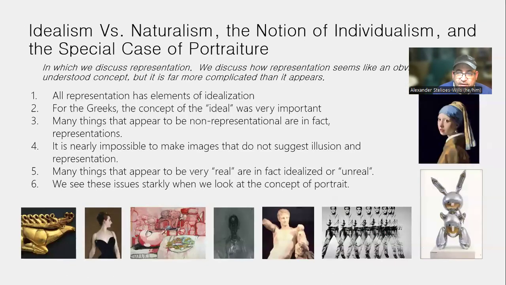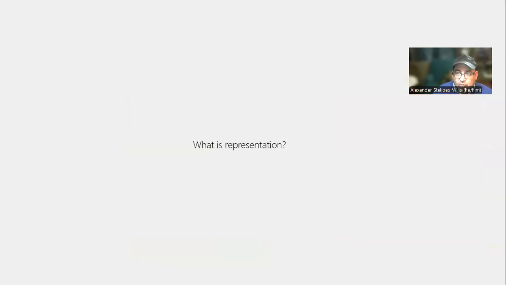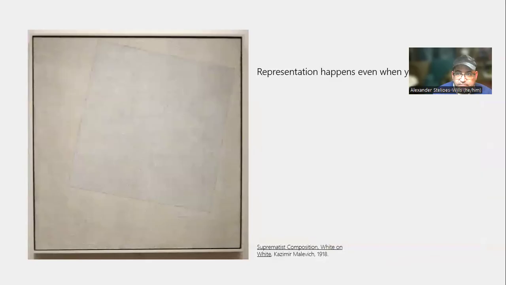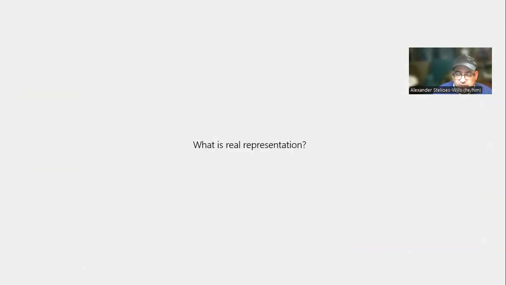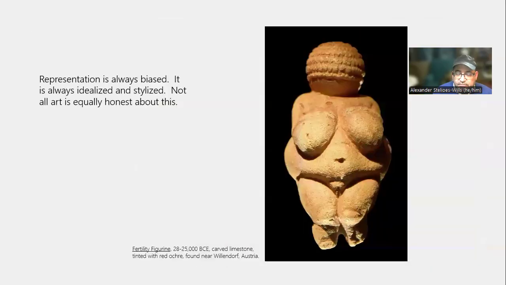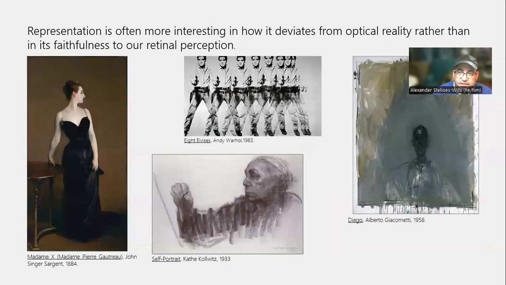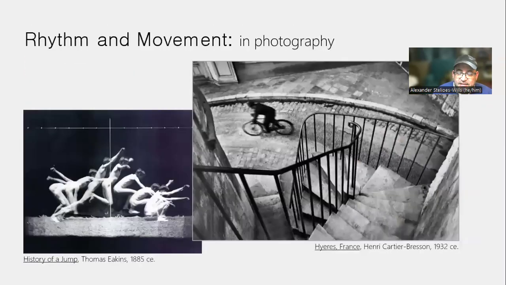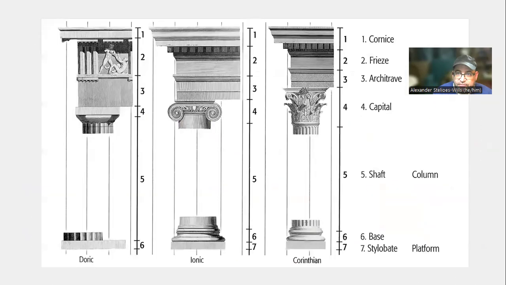And then our last lecture is on the issue of representation, really. What is representation? What does it mean for representation to be real? What is a real representation? What is realistic? What is realism? These seem like they might be obvious things, but they're actually quite complex and they are not what you think generally. And so that is the structure of the whole unit.